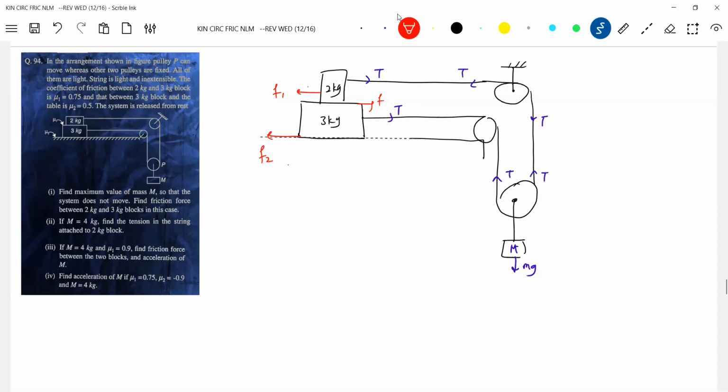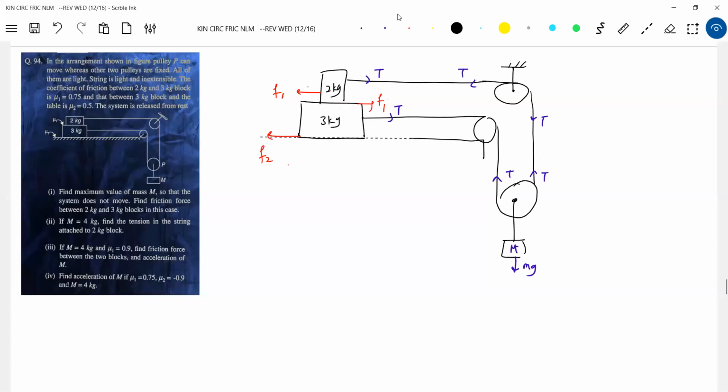We'll do one thing, we'll write first F1, F2 like this. Is it okay, getting the direction of frictions? So treat this 2 kg as one block. So what is the role of this friction? It will become internal, no?